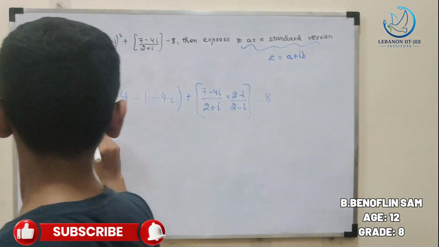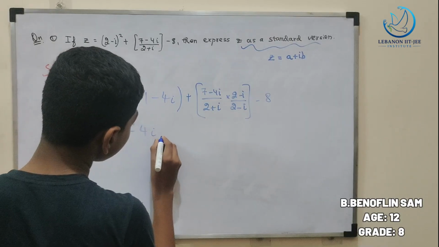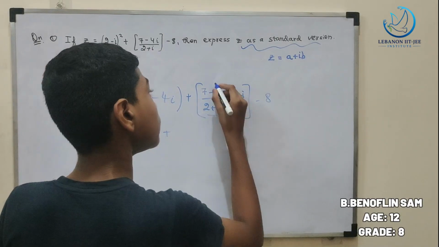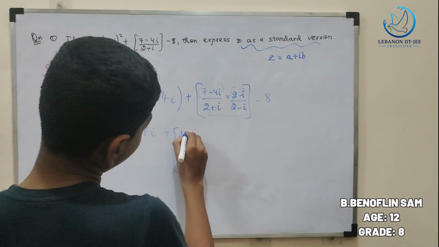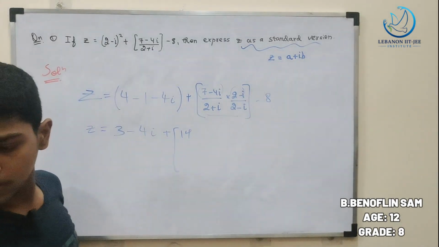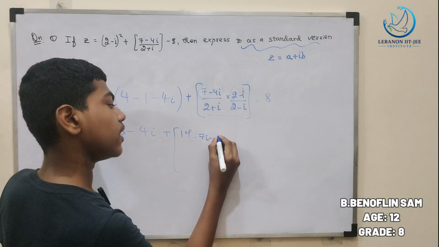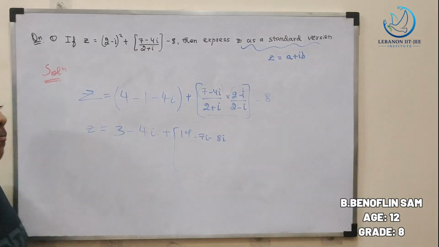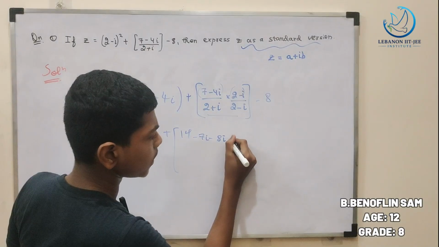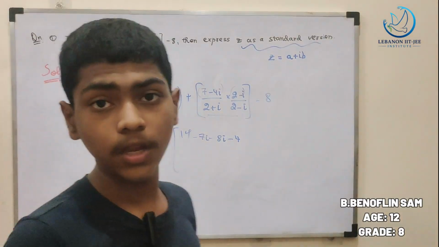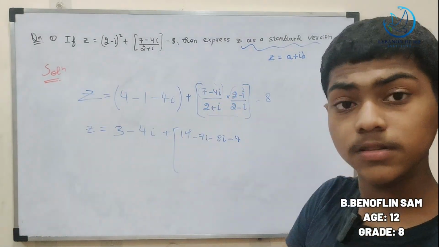So z is equal to 3 minus 4i plus, if you simplify, you will get 14 minus 7i minus 8i, and minus 4 is coming out because minus 4i into i, minus times minus will be plus, and i squared is equal to minus 1.